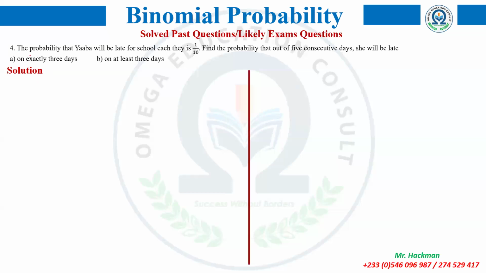When you read the question: the probability that Yaba will be late for school each day is 1 over 10. Find the probability that out of 5 consecutive days she will be late on exactly 3 days, and on at least 3 days. If you are supposed to consider your outcomes, what do you think the outcomes will be? Remember, when tossing a coin, the outcomes are head or tail.